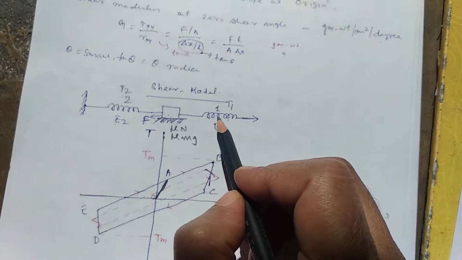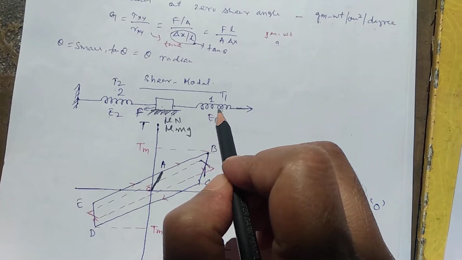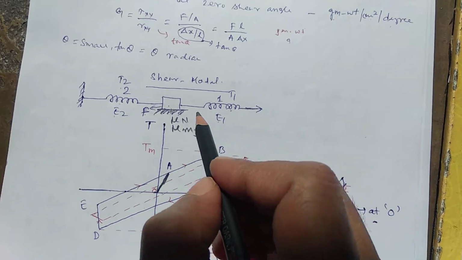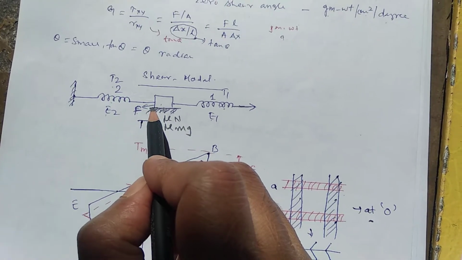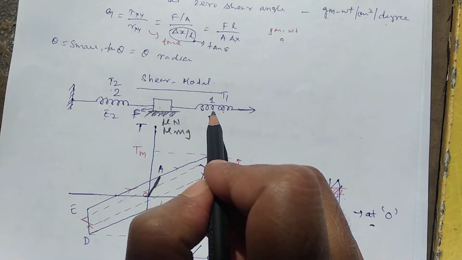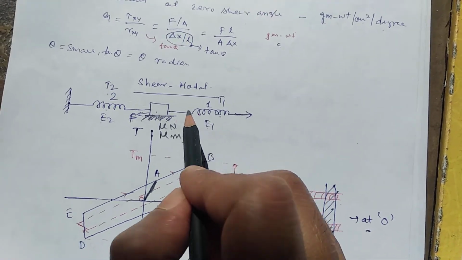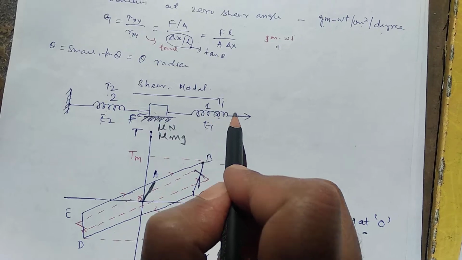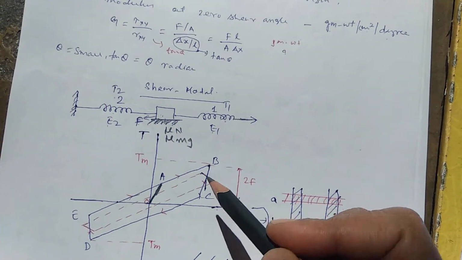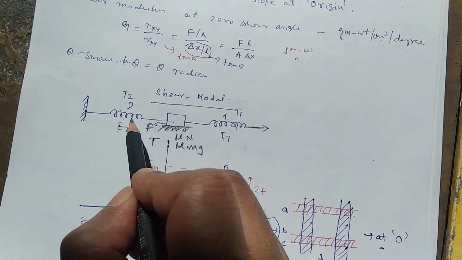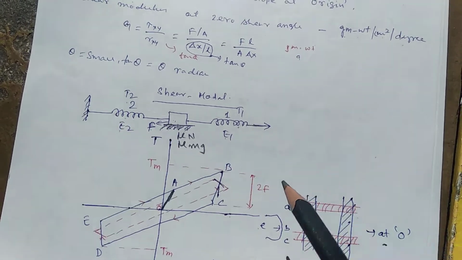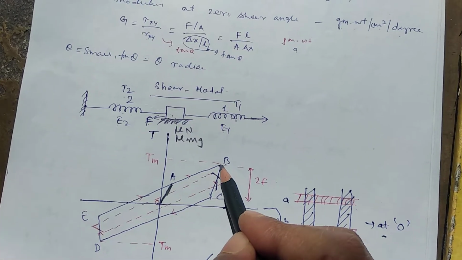OA represents the extension of spring 1. Now when spring 1 is extended enough and the frictional force is overcome, spring 1 will be stressed as well as the block moving in this direction, and this is experienced in AB. Now when this moves, spring 2 is also going to extend. That is marked in AB.